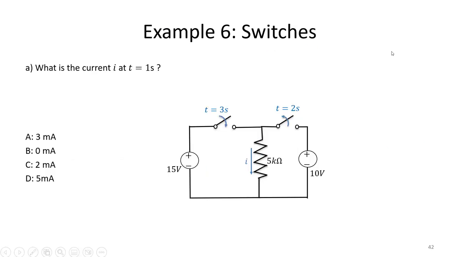So let's take a look at an example. These examples are really similar to problems that appear on homework and even on exams. First question asks, what is the current at t equals 1 second? Go ahead and give this problem a try. Pause the video if you'd like. Okay, so the important thing to notice here is to first think about what is the position of the switches.